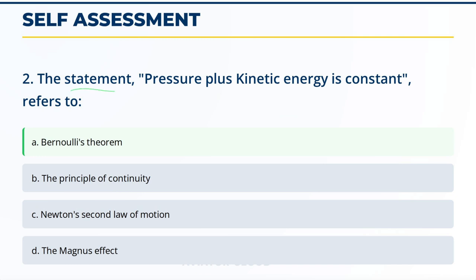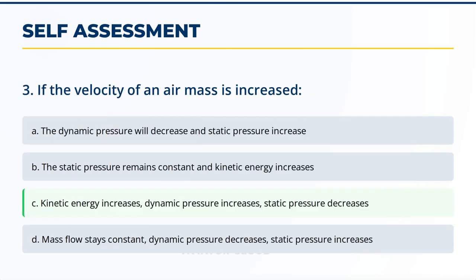The statement, static pressure plus kinetic energy is constant, refers to Bernoulli's theorem. Here, if the velocity of an air mass is increased, that means V increases, that means half rho V square increases, that means dynamic pressure increases. The dynamic pressure will decrease?